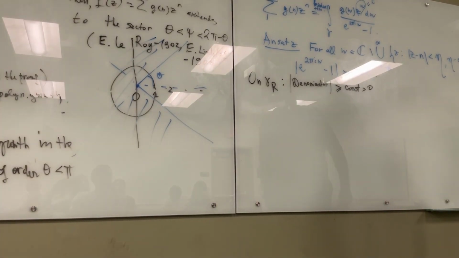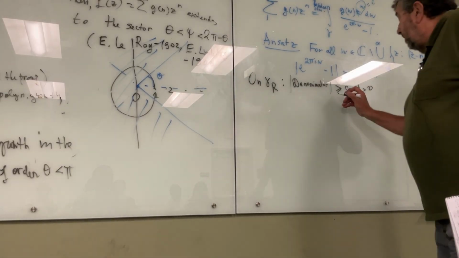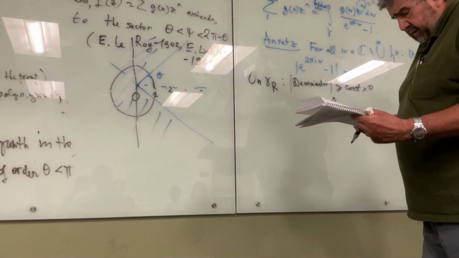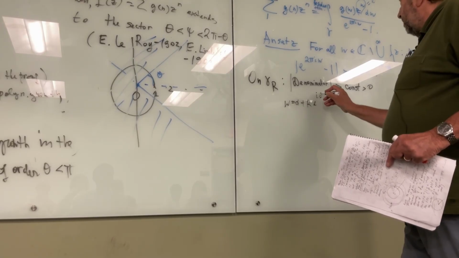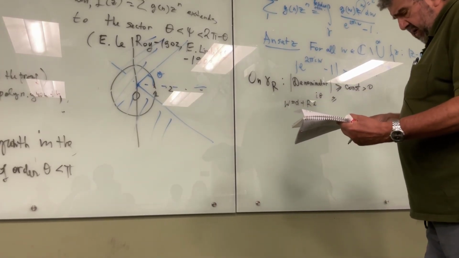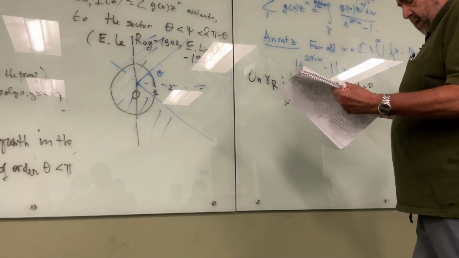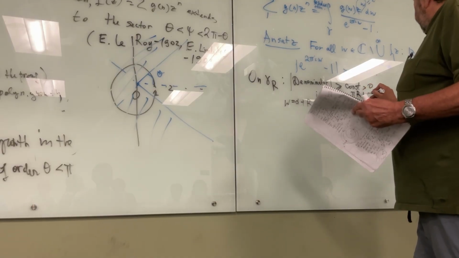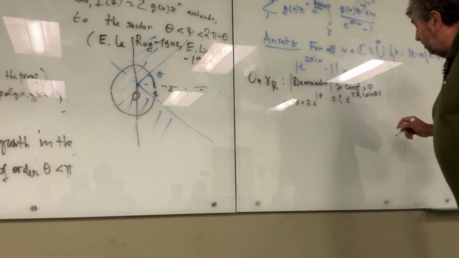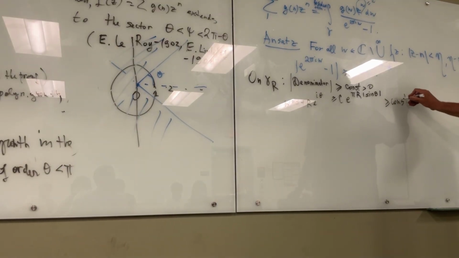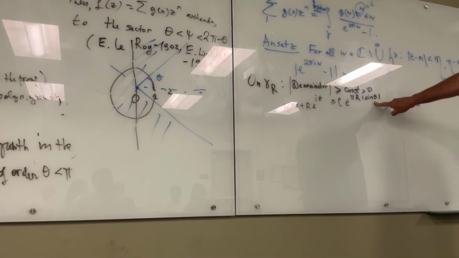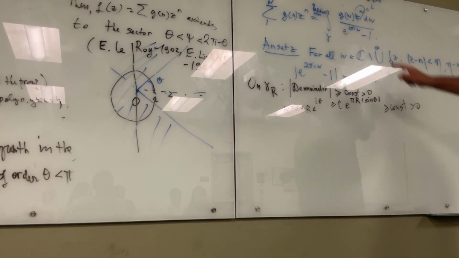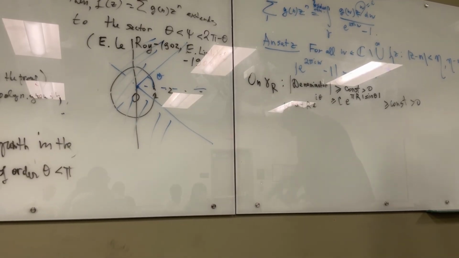Now, in the numerator, for W equal to alpha plus R e to the i theta, the denominator is going to be greater than C, the same C, times e to the pi R absolute value of sine theta. And that is certainly bounded away from 0 uniformly, no problem. There is a little argument you need to do for the absolute value, because one is obvious, and one you have to play a little bit with algebra, which I don't want to do now.